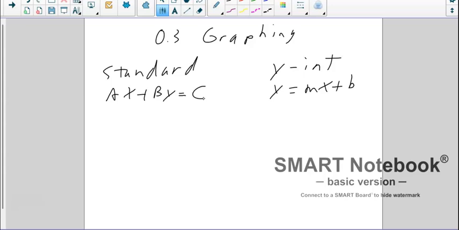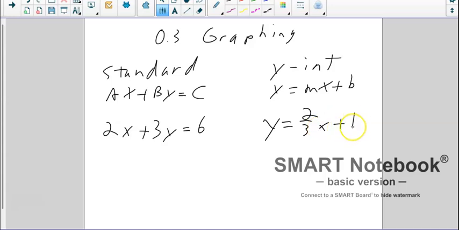So in standard form, we're going to usually have numbers replacing the a and the b and the c. So 2x plus 3y equals 6. For slope-intercept, we'll have something like y equals 2/3 x plus 1.